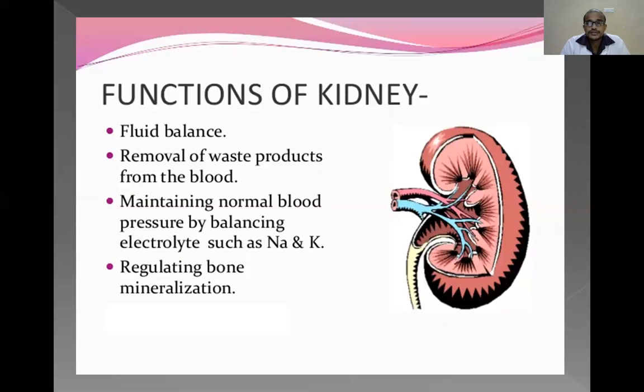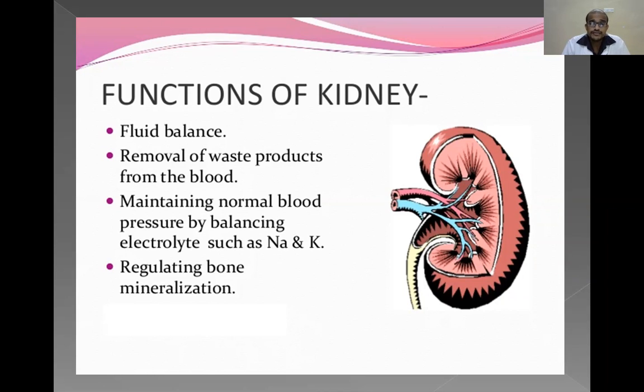And coming to the functions of the kidney, it maintains the fluid balance, the fluid homeostasis, by aldosterone and ADH, and it helps in the removal of waste products from the blood. The removal of waste products occurs through the kidneys, by ultrafiltration in the glomerulus especially, and apart from that by reabsorption in the tubules.